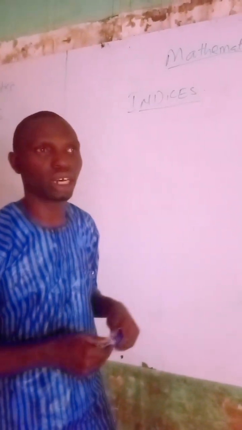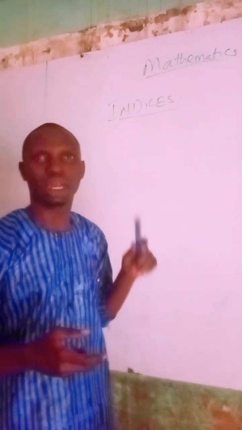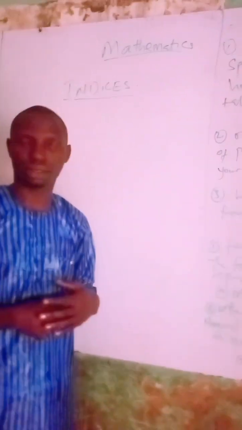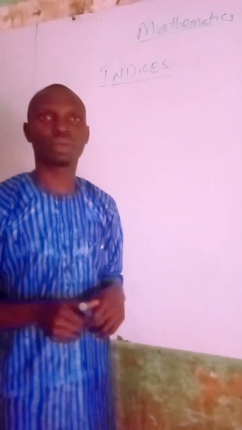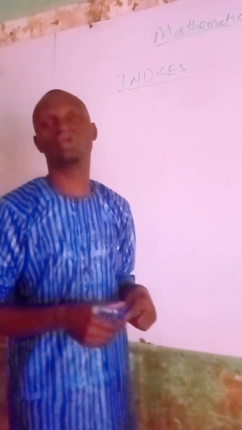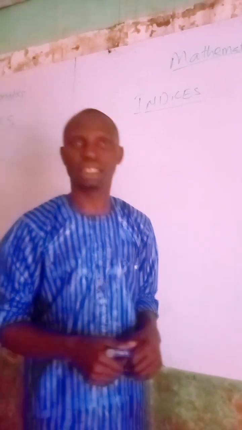Welcome back to class. Let's continue from where we stopped. In our last video, we talked about the fact that we can divide, multiply, add and subtract indices, and that laws have been set in place to be able to multiply and divide indices.